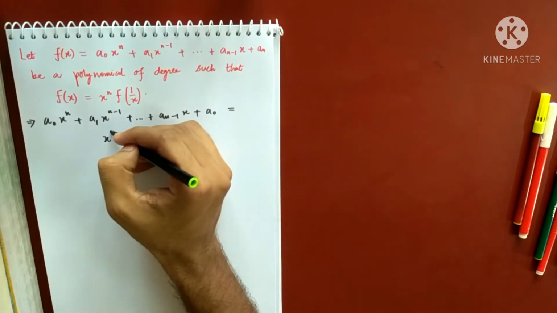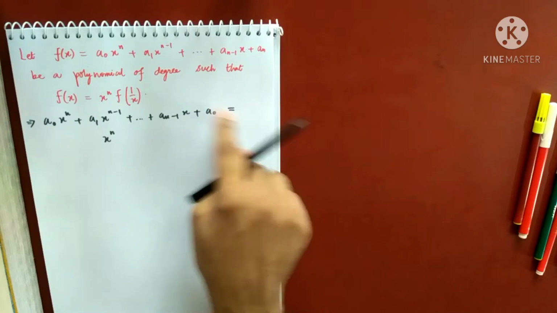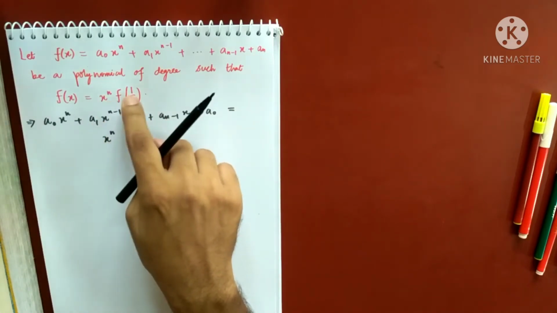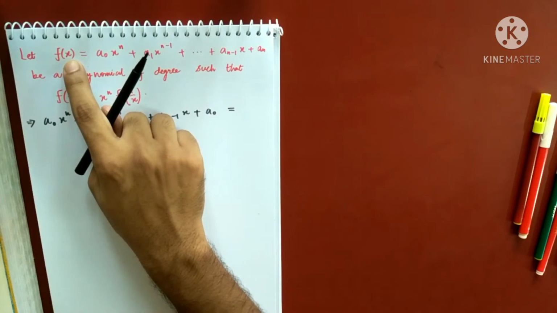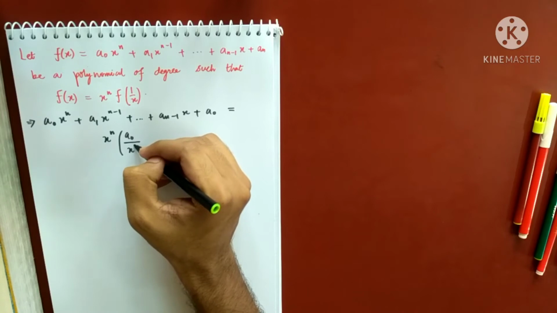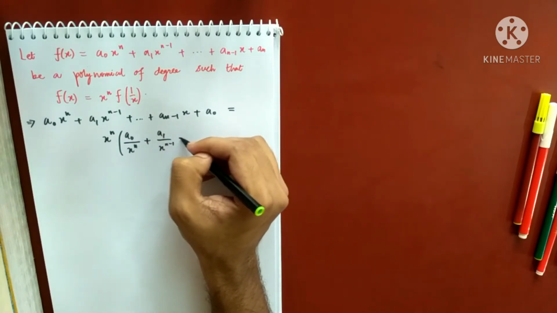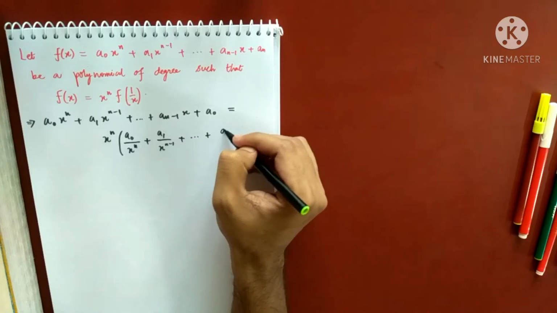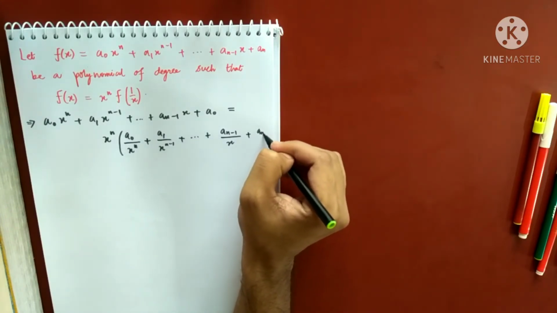This is x to the power n f of 1 by x. So what is f of 1 by x? We'll just put here 1 by x. So this is what? a0 by x to the power n plus a1 by x to the power n minus 1 plus dot dot dot an minus 1 by x plus an.